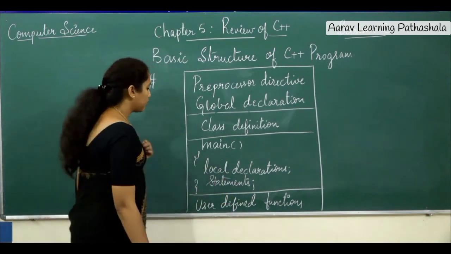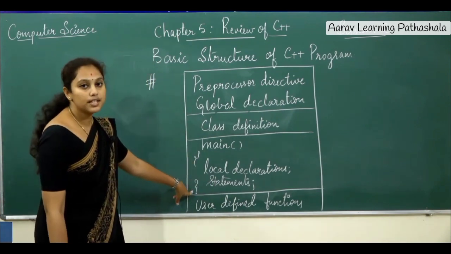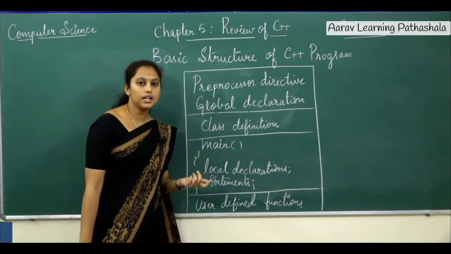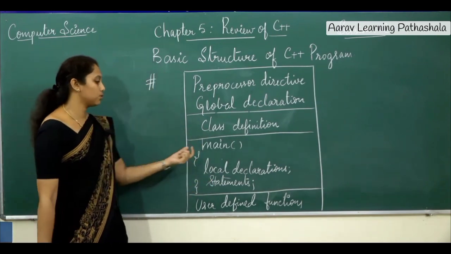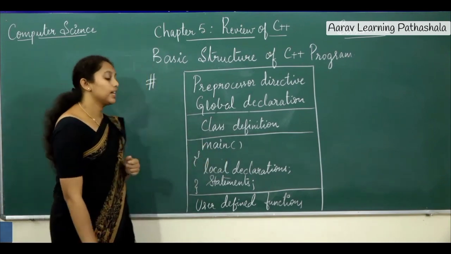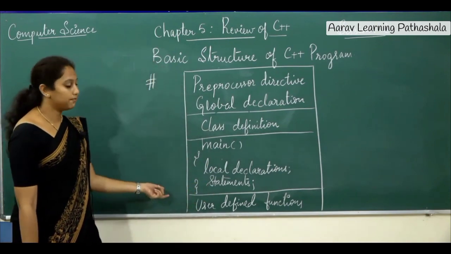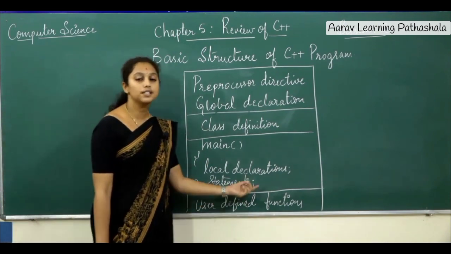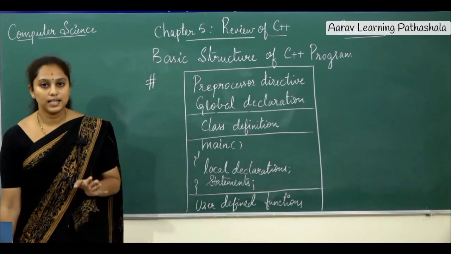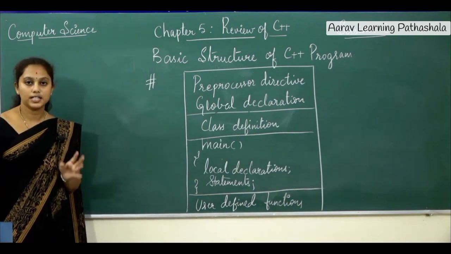It always starts with an opening flower bracket and ends with a closing flower bracket. Usually the execution starts from the first statement of the main function. Next section is user defined functions. User defined functions are the functions defined by the user, and it is an optional section. So this is about the basic structure of C++.